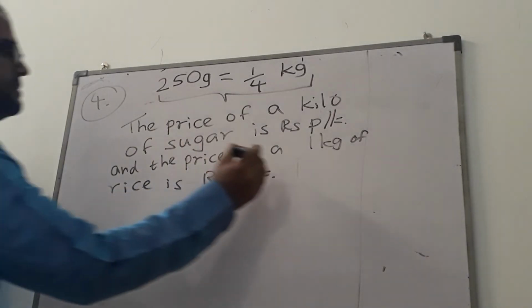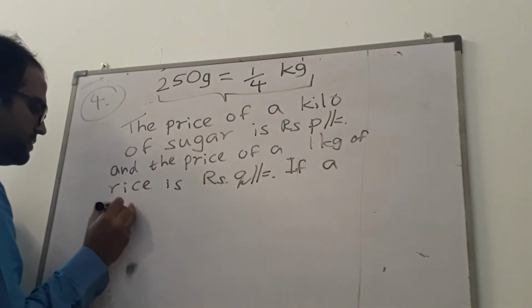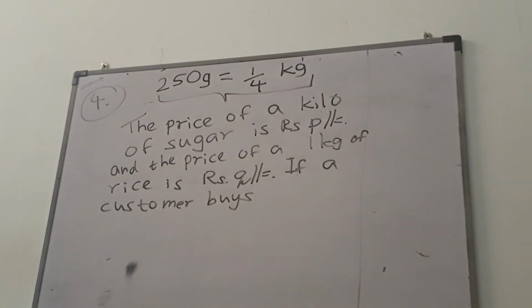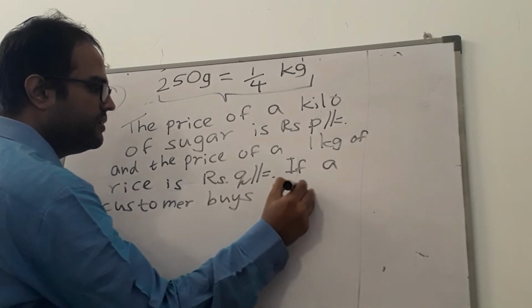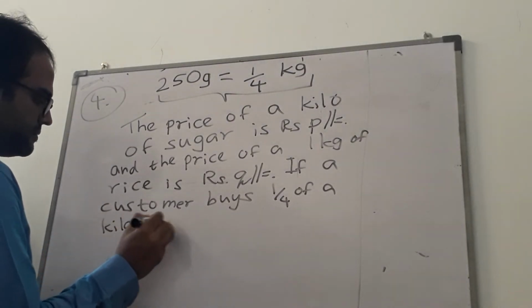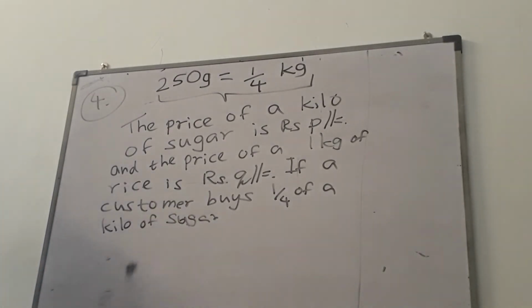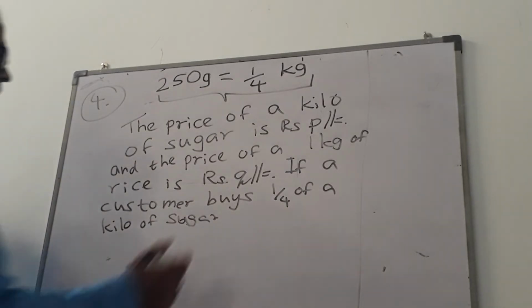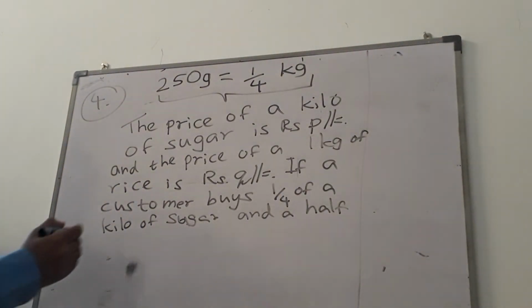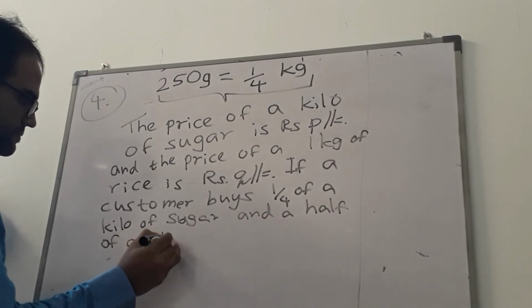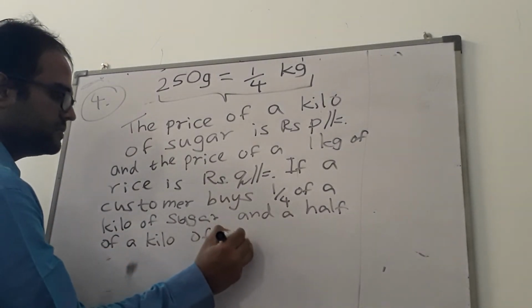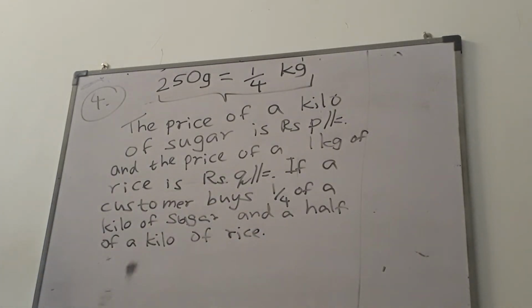If a customer buys 1/4 of a kilo of sugar and half of a kilo of rice, how much has he got to pay?